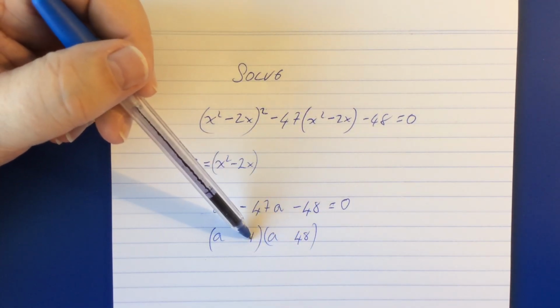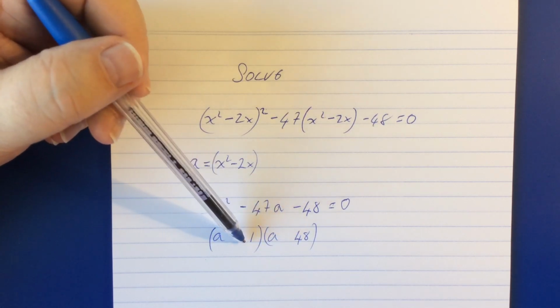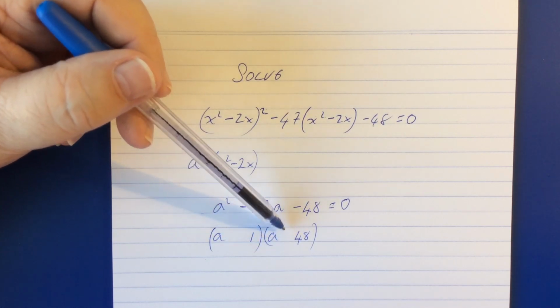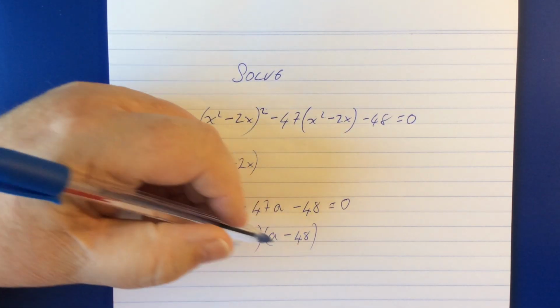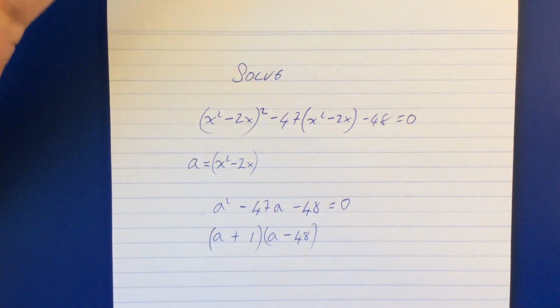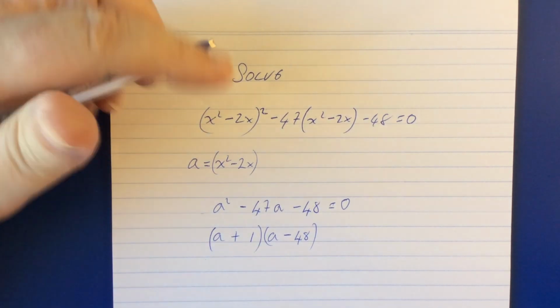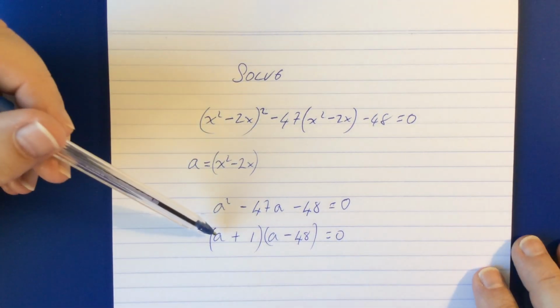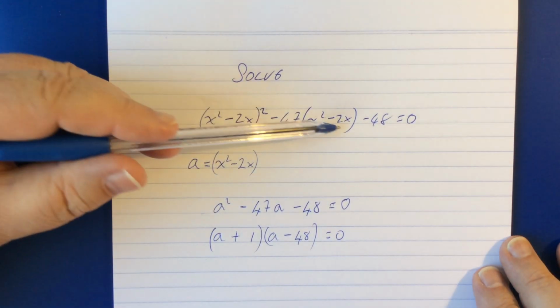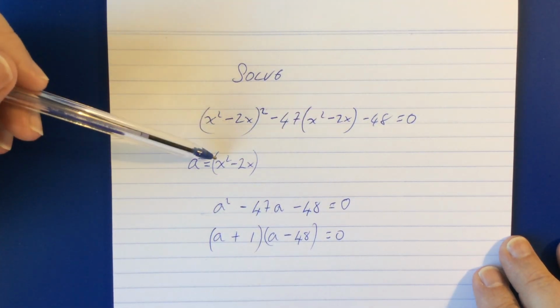Well, one of these has to be negative. How do we get negative 47? Well, the big one has to be negative. So this is our answer. This equals 0.